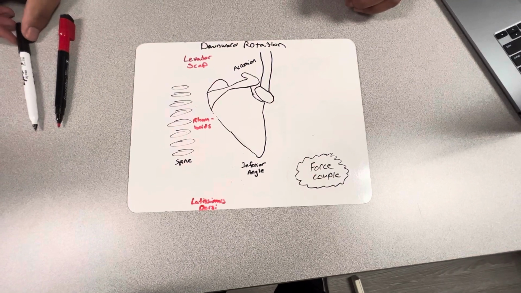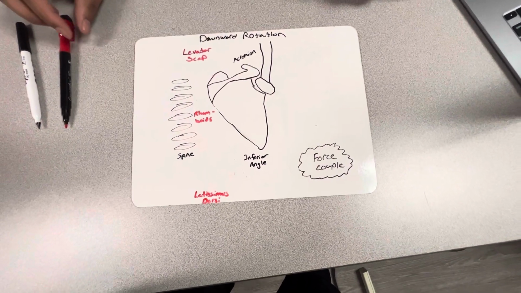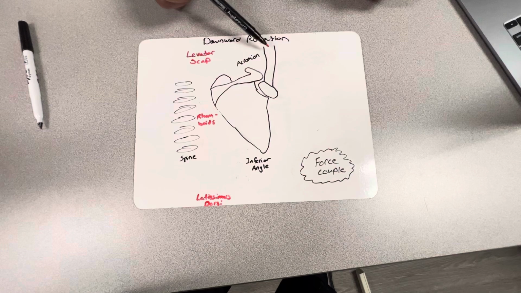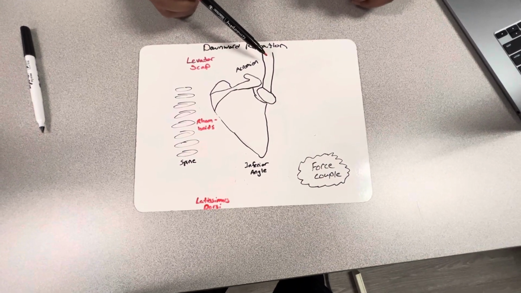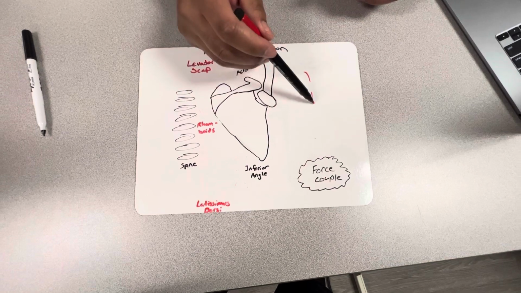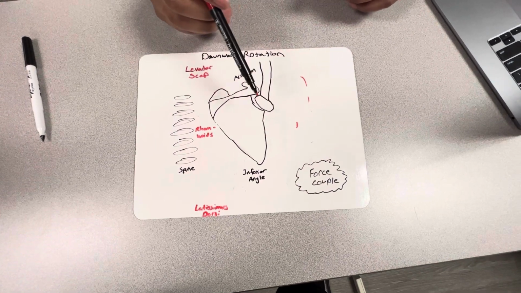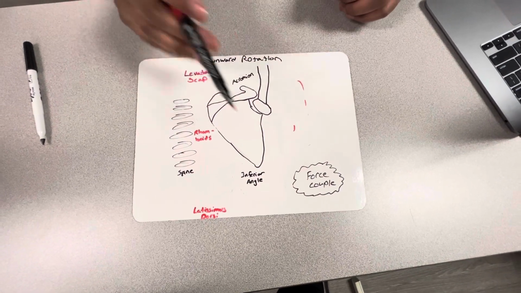I'm going to be explaining that to you. This motion occurs when the arm is above your head. If you raise your arm above your head and then lower it back down, that would cause downward rotation.